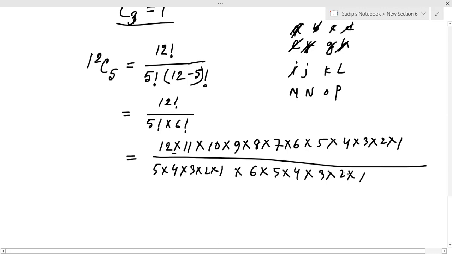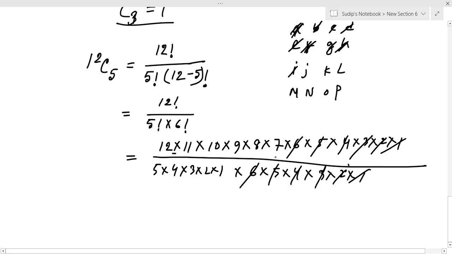Now what you have to do is cancel what can be cancelled between denominator and numerator, that is 6 and 6, 5 and 5, 4 and 4, 3 and 3, 2 and 2, 1 and 1.